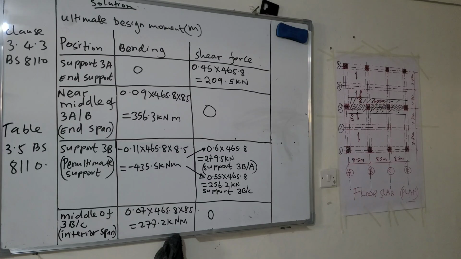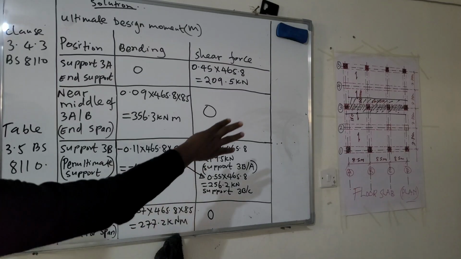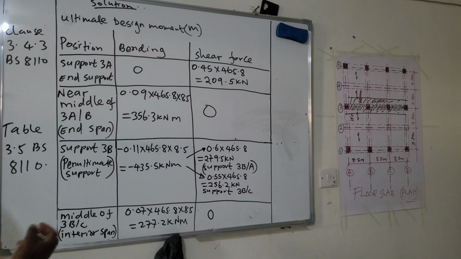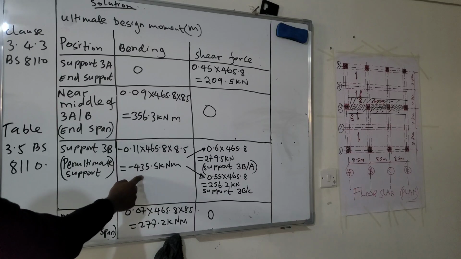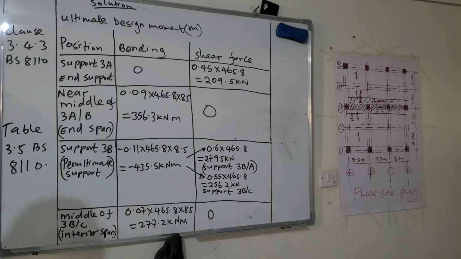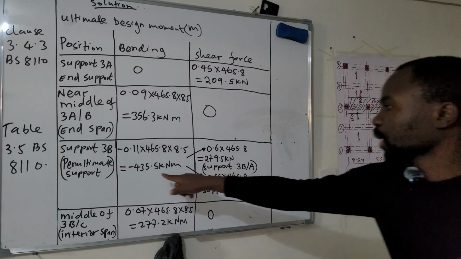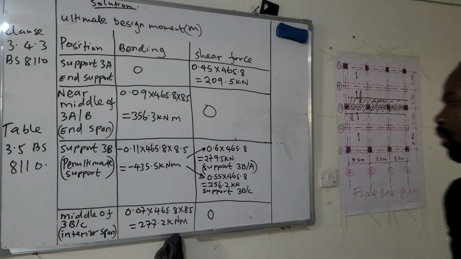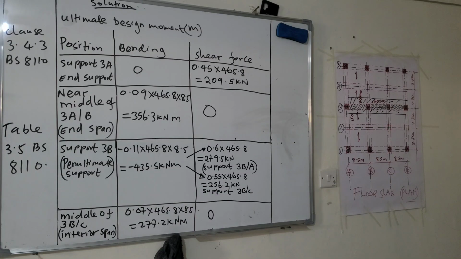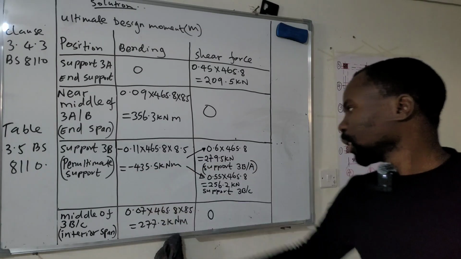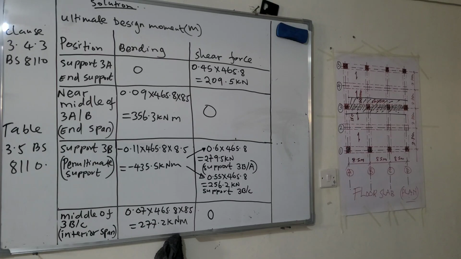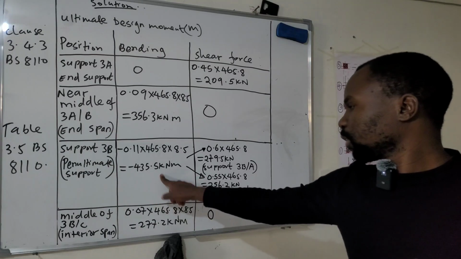So I want to explain something. For a continuous beam like the one we are designing, the interior support will always have a negative bending moment. So as you can see, this one is negative 435.5. But when you are designing, you will ignore the negative sign and use the positive value, which is 435.5.